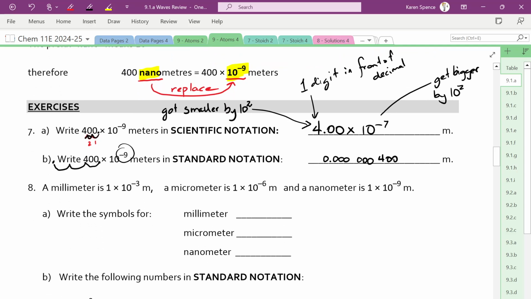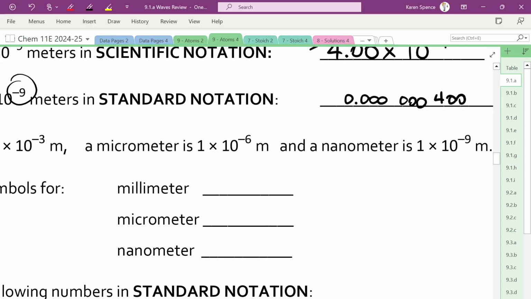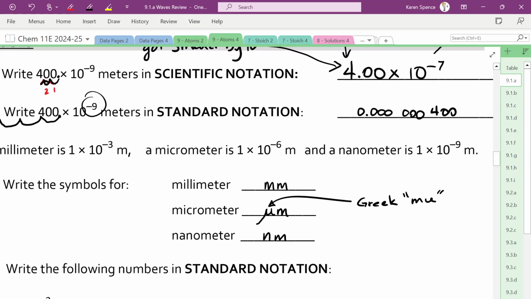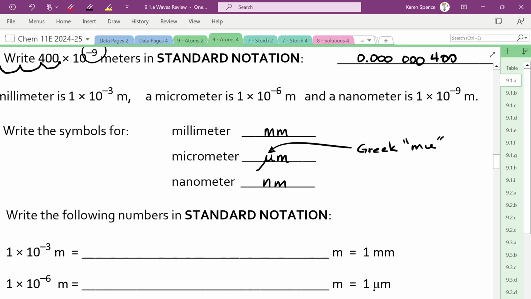Just because you might come across them again, what is the symbol for millimeter? We all know it is mm. Micro, what's the symbol for micro? It's a funny looking M. It's the Greek letter mu. And the nanometer is, of course, nm. I don't think we need to write these numbers in standard notation.